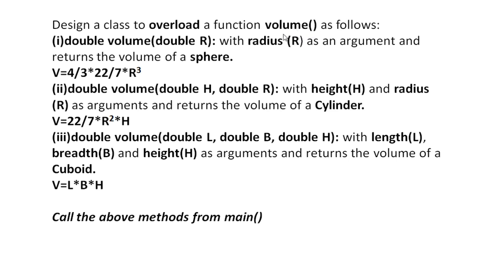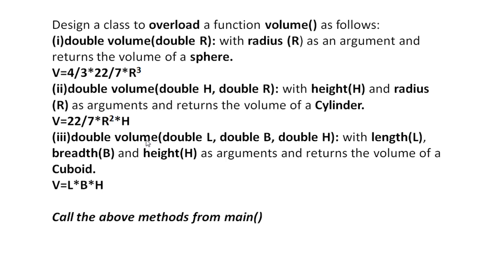When you have more than one method by the same name, see here, volume, volume, volume, but the parameters are different. Here you have double R, here you have two variables that are double type, and here you have three variables, right?